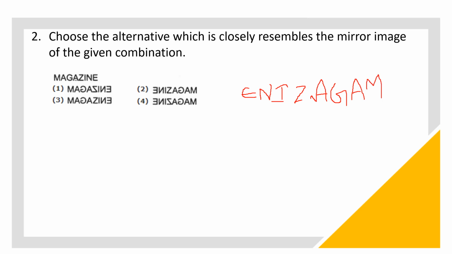Now in step 2, we write the mirror image of each letter. For E, what is the mirror image?